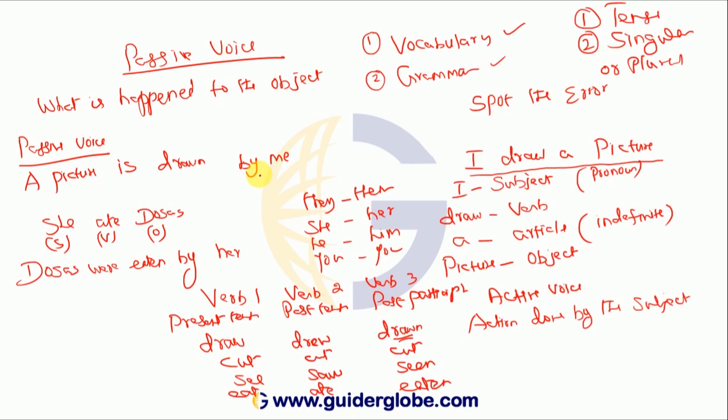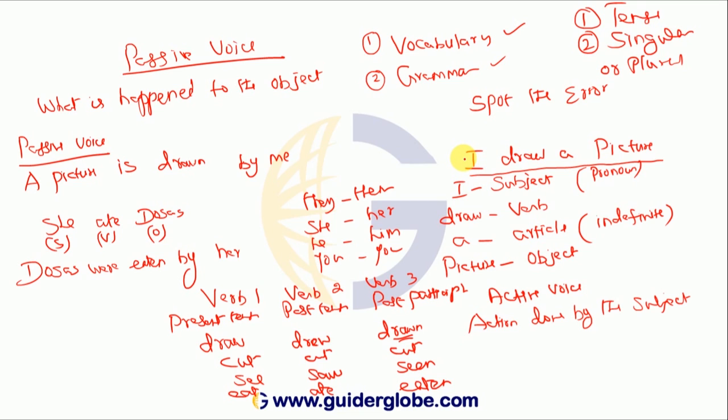We are going to see many examples now. So I repeat: active voice means action done by the subject. Passive voice means what happened to the object. First see whether singular or plural. See the kind of tense: present tense, past tense, past perfect or present perfect.